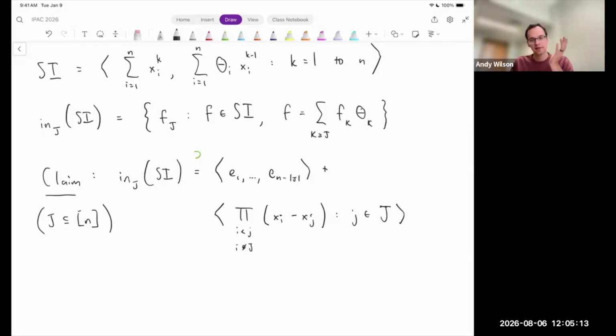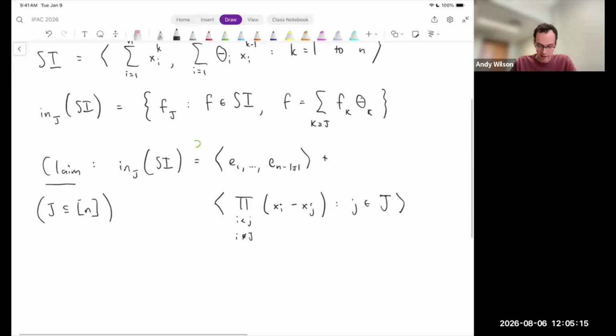In some sense, half of that is not so bad. The half involving these guys is pretty straightforward because E_i is in the usual polynomial invariant ideal, so it's certainly in this superspace one.